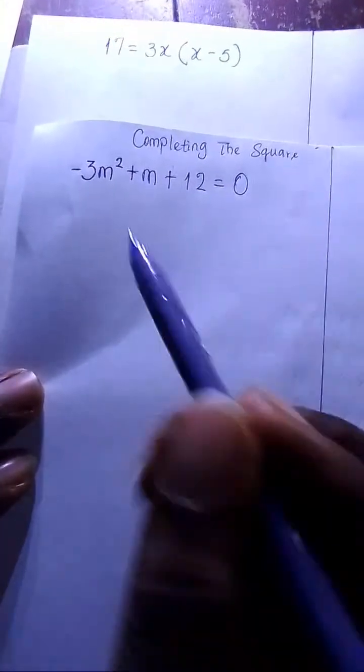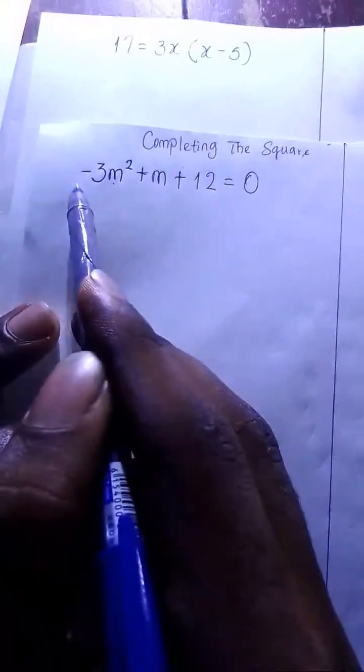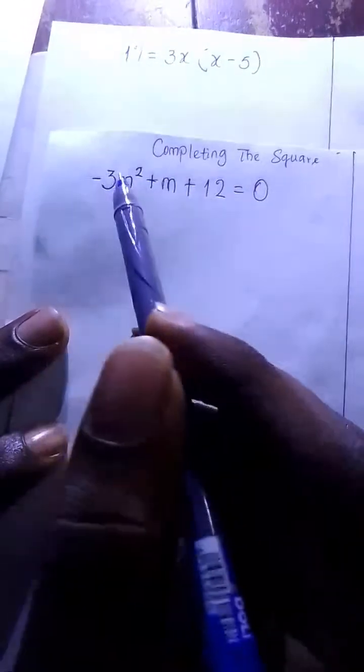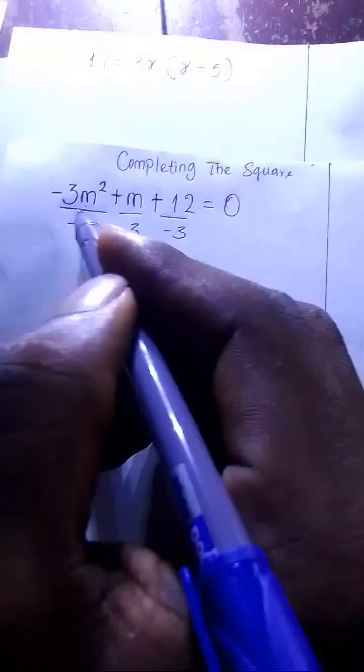So this is the coefficient of m squared here, this is m squared. Coefficient means the number beside, right? What number is beside? This is minus 3 that is beside, right? So from here, we'll divide all through by minus 3. Divide by minus 3, divide by minus 3, right? Good. So minus cancels minus, 3 cancels 3, so we have m squared, right?